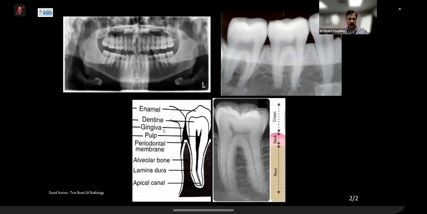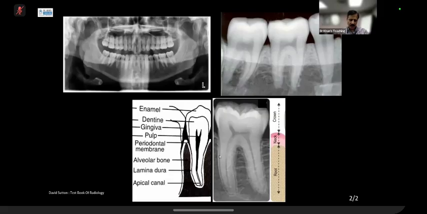As far as teeth are concerned, few points to remember. This is the gum. This will be the neck, this is the crown of the tooth, and this is the root. If you look carefully, there will be a black line surrounding the tooth, which is the periodontal membrane.